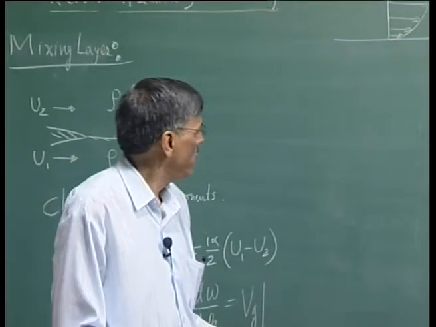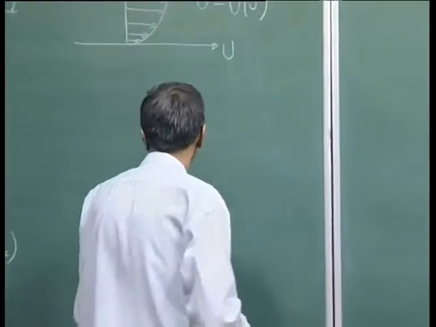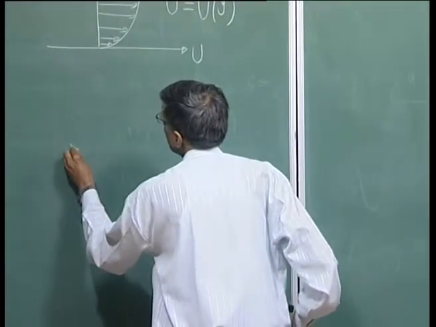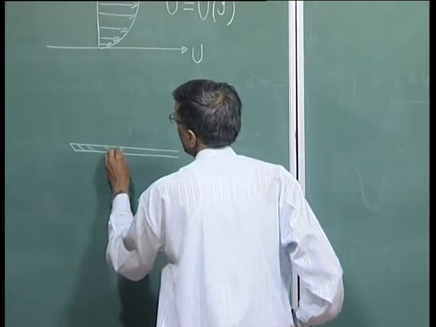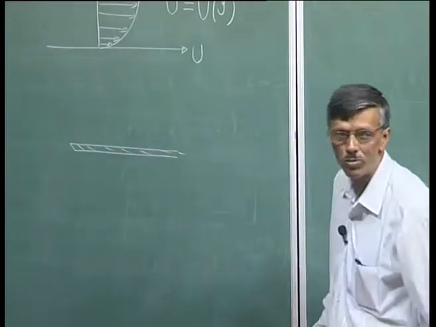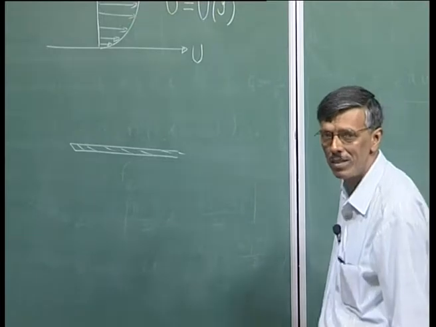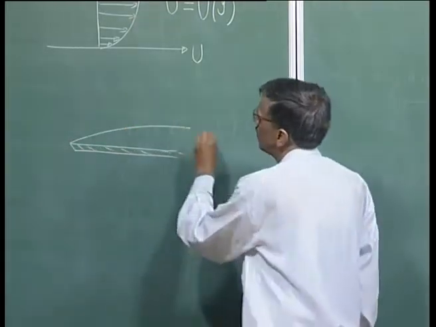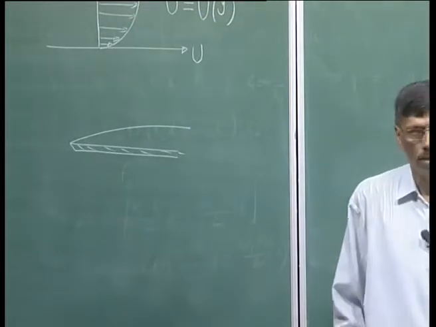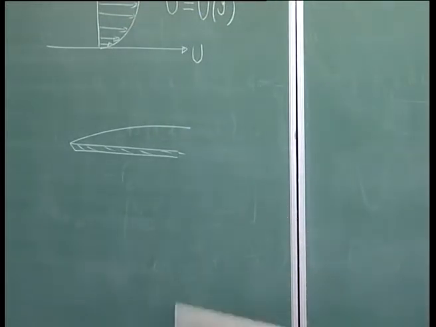For a flat plate, if this is a flat plate with a sharp leading edge, then what we are going to find is that the boundary layer would form, which will have a configuration like this.